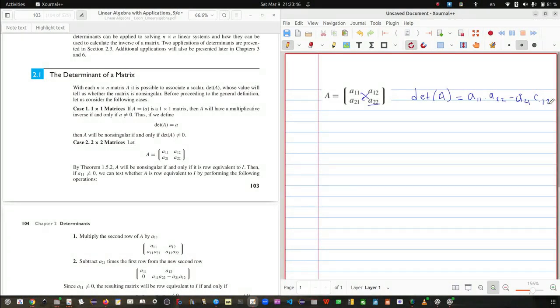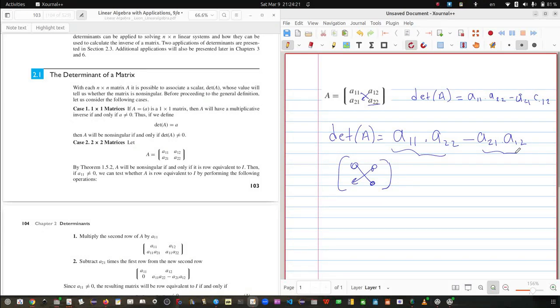I will write it again. So the determinant of A is equal to A11 times A22 minus A21 times A12. If you look at the locations, it is this element times this element minus this element times this element. So this is a cross and this is a cross. We have to memorize this.